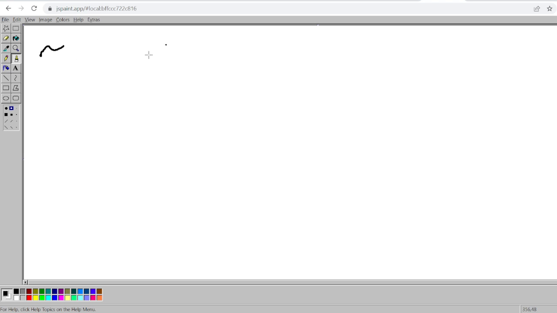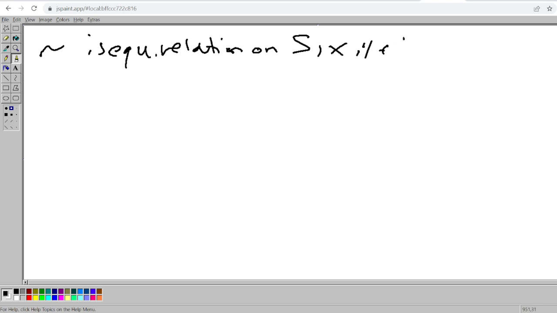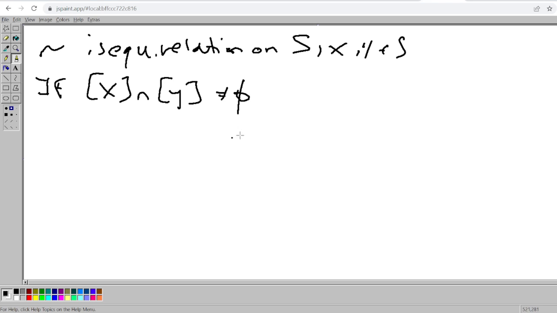Okay. So we get to the next theorem. If tilde is an equivalence relation on S, and x, y in S, we can say that if the intersection between the two equivalence classes is not empty... I don't think I finished the definition.